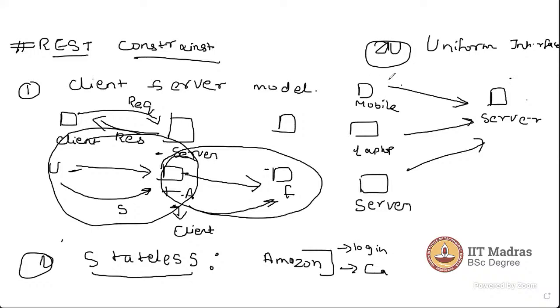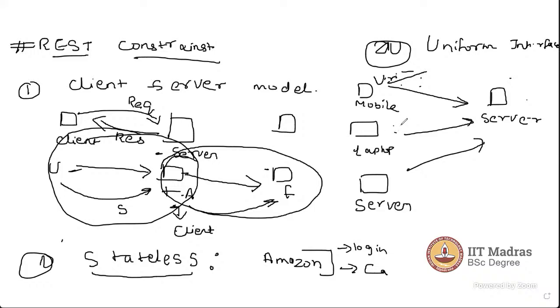If a particular API endpoint is entered through a mobile, it will give you the same resource. If you enter the particular endpoint from the laptop also, it will not see that this request is coming from a laptop and say, I will not give you the access, I will only give you access if you are a server or a mobile.